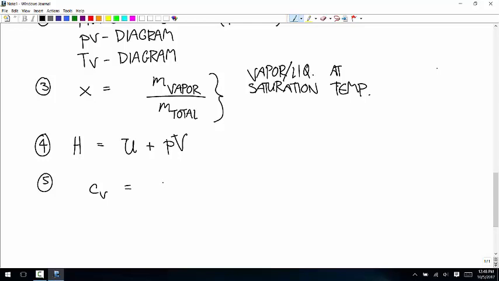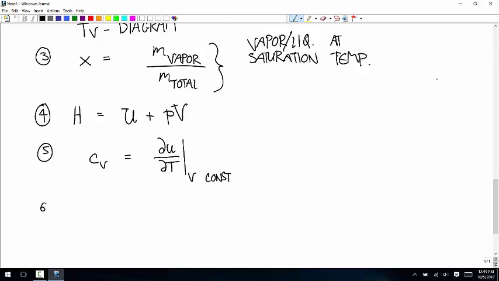This one is the partial of the specific internal energy with respect to temperature, holding volume constant. And number 6 asks about CP, the constant pressure specific heat. That is the partial of the specific enthalpy with respect to temperature, holding pressure constant.